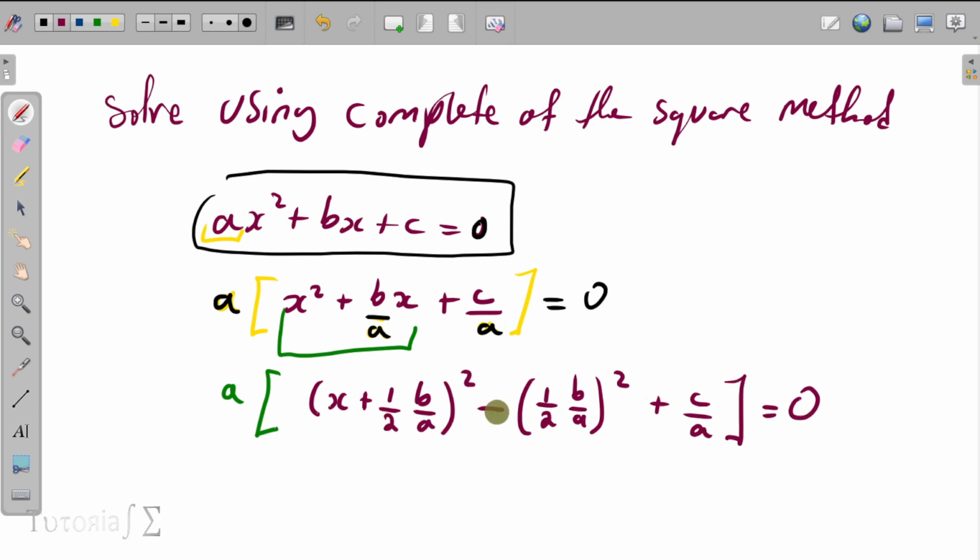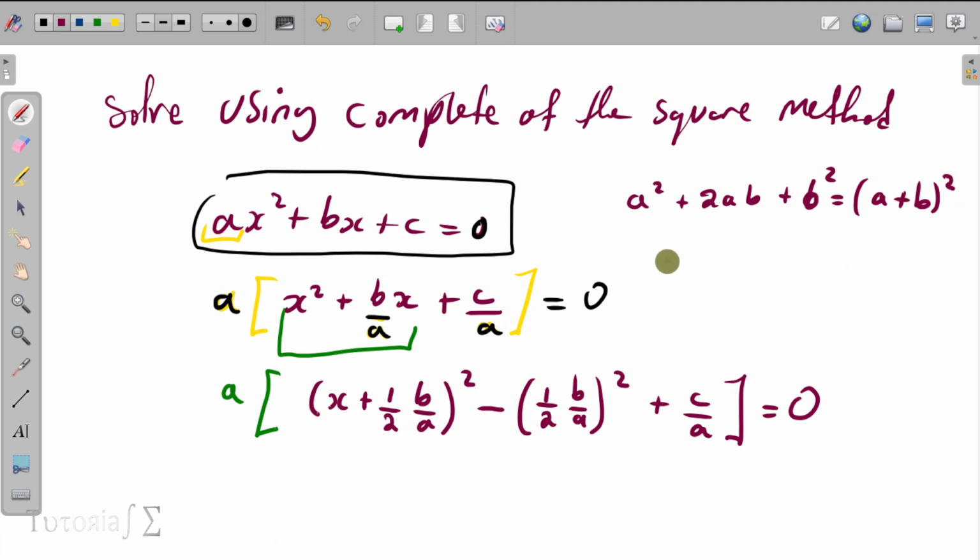Now, why do we always put a minus here? The idea is this. For instance, if we have a squared plus 2ab plus b squared, we know that this is from the expansion of a plus b, all squared.